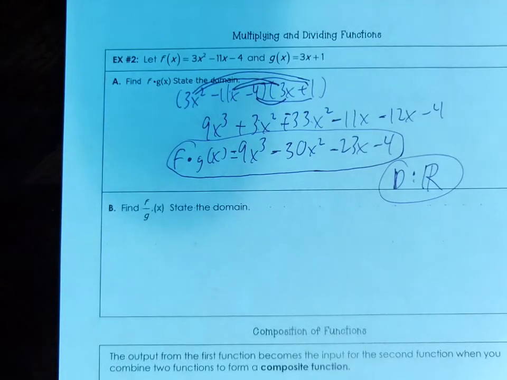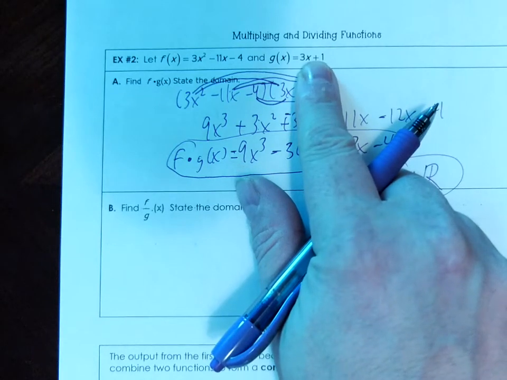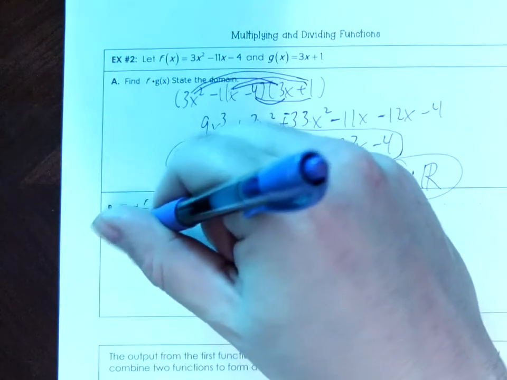All right, the division, the quotient. Here, we can attempt to factor the first one and see if it factors with a 3x plus 1. It may or may not factor. Now, why is that important? Because if it does factor, then when it divides, it's going to reduce. So what I'm going to do here is f divided by g of x.